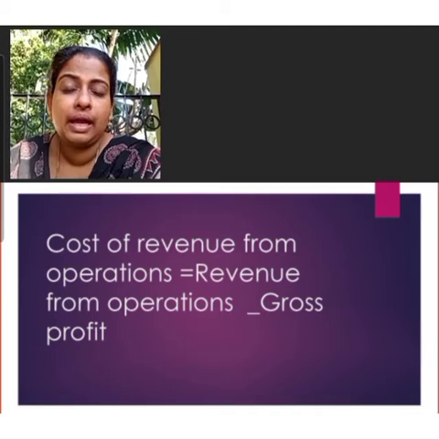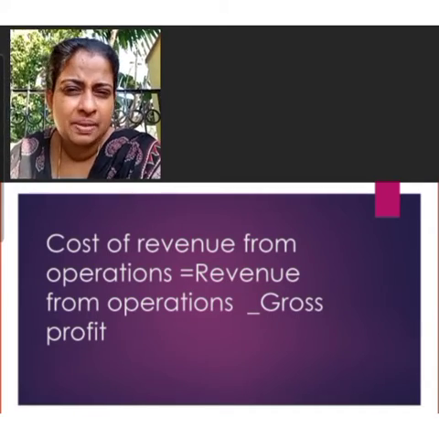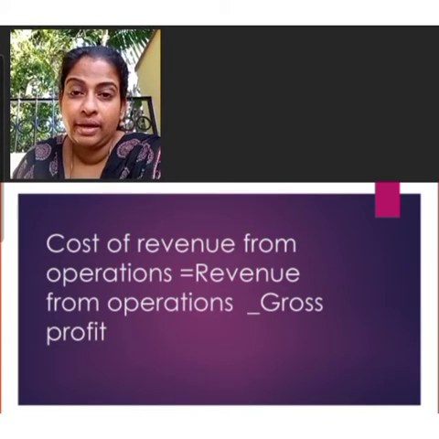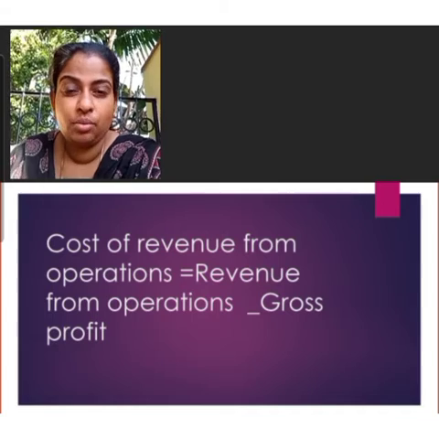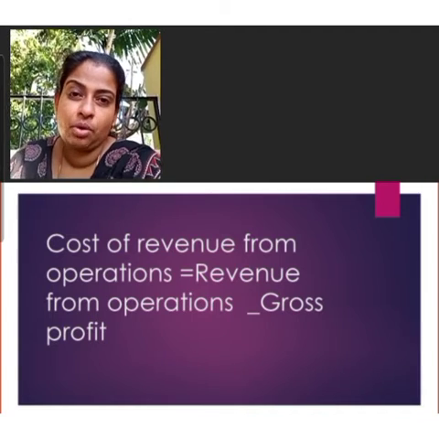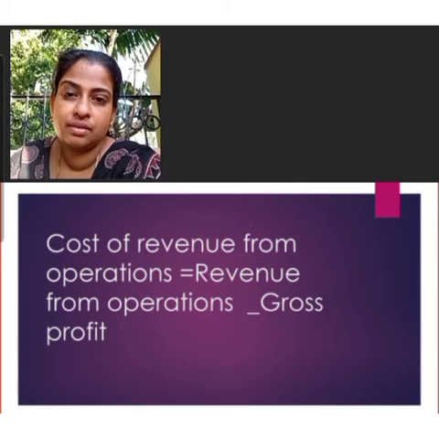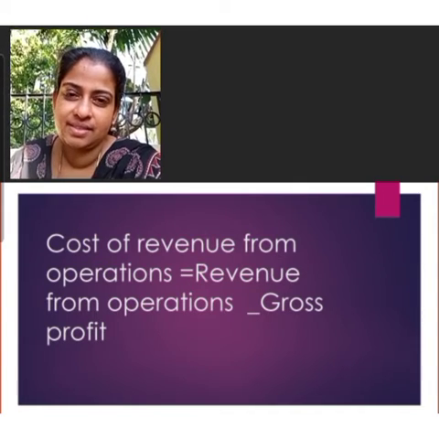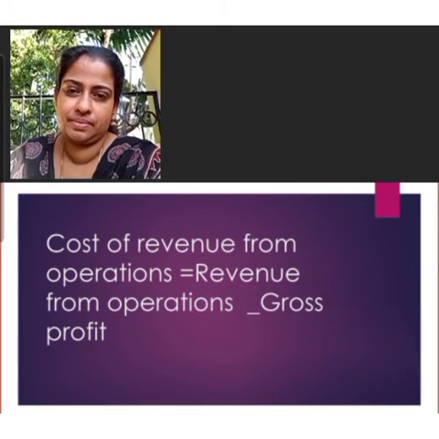How can you calculate the amount of cost of revenue from operation? By applying a simple equation, we can calculate it. The formula for calculating cost of revenue from operation is opening stock plus purchases plus direct expenses minus closing stock.